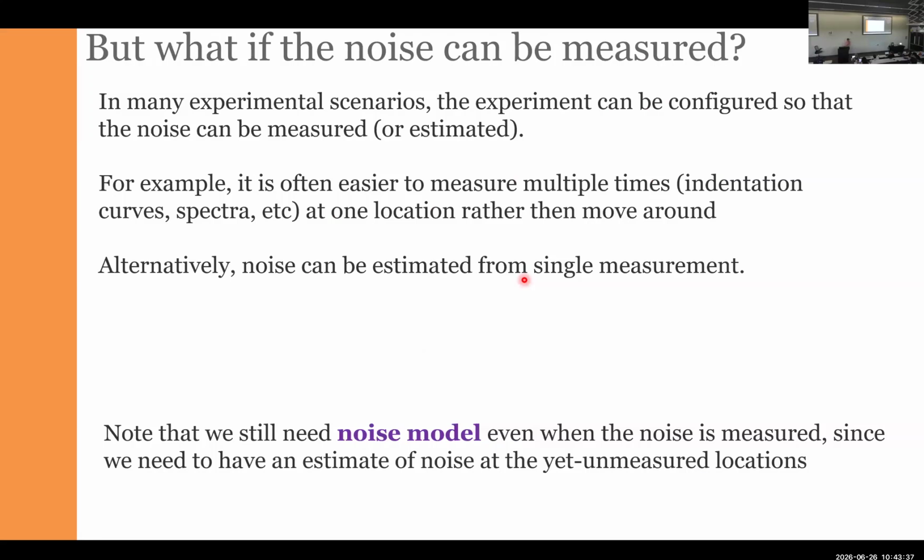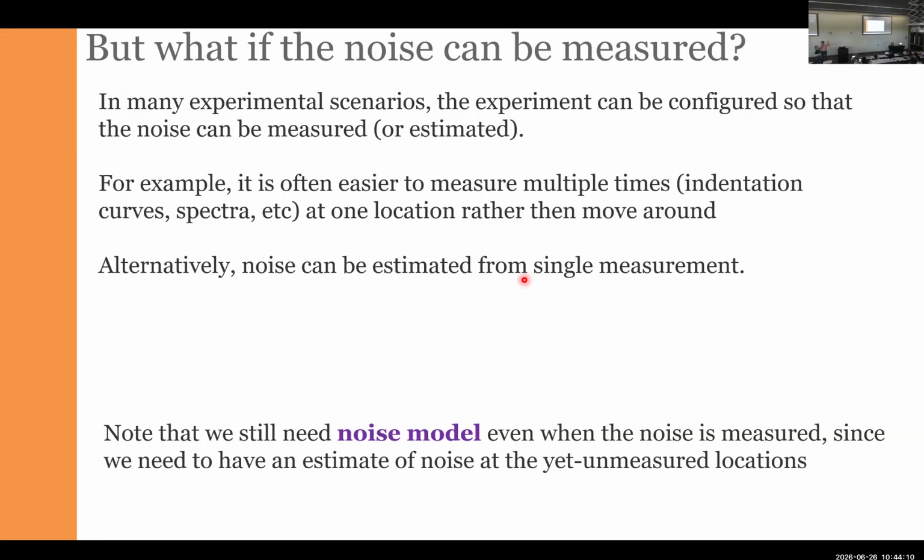Another example of the way the Gaussian process can be developed is that rather than trying to infer the noise from the measurement, our measurement allows us to measure the noise. A simple example: imagine scanning probe microscopy, where local spectroscopic measurements can be run fast, but moving from one part of the sample to another takes time. In this case, it is easy for me to run multiple measurements in one location and then average them, which gives me the mean and noise.